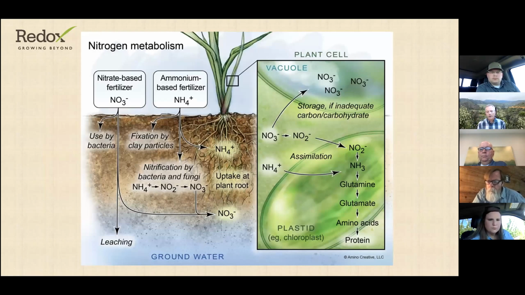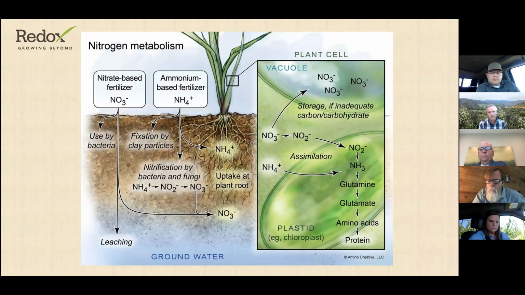So this slide's been around for a long time. What we have here is a depiction of the uptake of nitrogen and its fate in the plant. Typically, we're supplying nitrogen in the form of either nitrate or ammonium. It's taken up by the plant in either form.